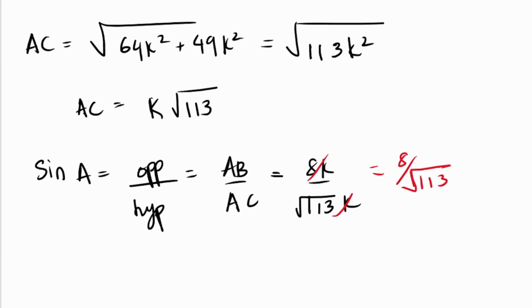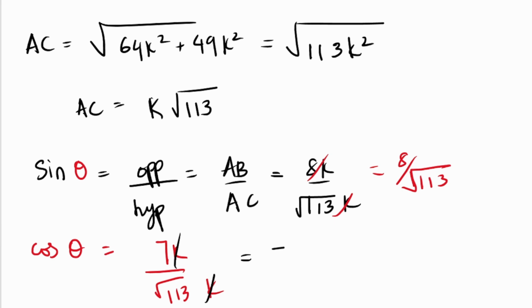Now to find cos theta. Cos theta is nothing but 7k by root of 113 into k. Just cancel off, this is 7 by root 113.